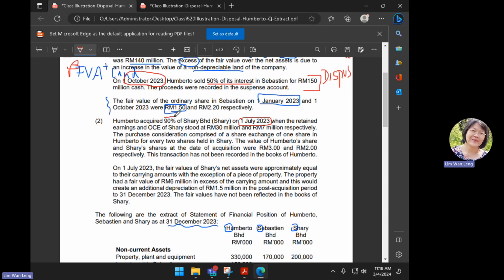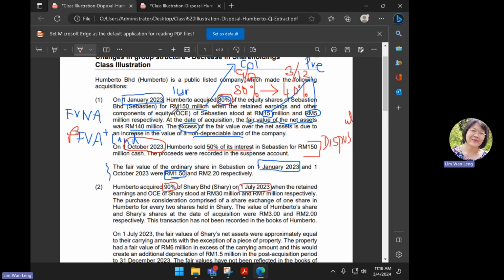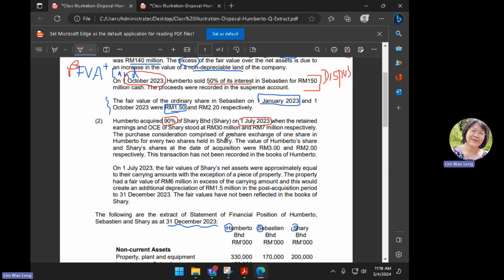But you acquire the interest in Sherry 90%. So that means it's your subsidiary, right? But you didn't acquire it for the full year, unlike Sebastian. So for Sherry, you acquire it only 6 months into the year.